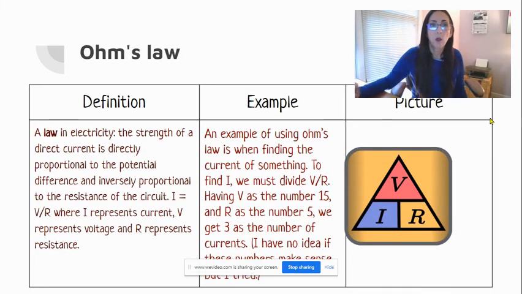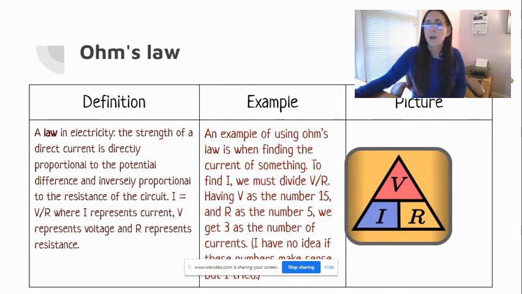Ohm's law says the strength of a direct current is directly proportional to the potential difference and inversely proportional to the resistance of the circuit. So I equals V over R, where I represents current, V represents voltage, and R represents resistance. In your picture, you could have shown the triangle that shows the relationship between those three variables.